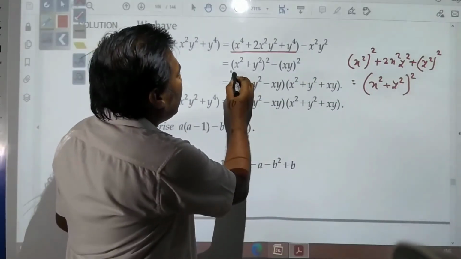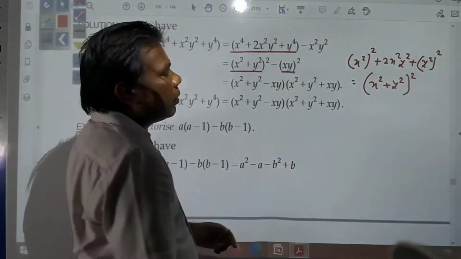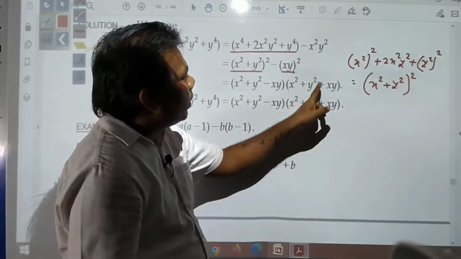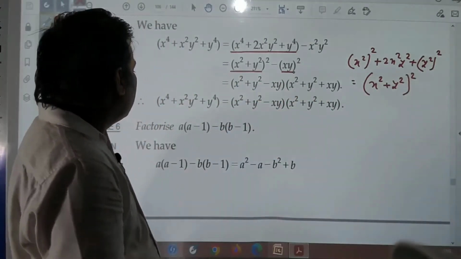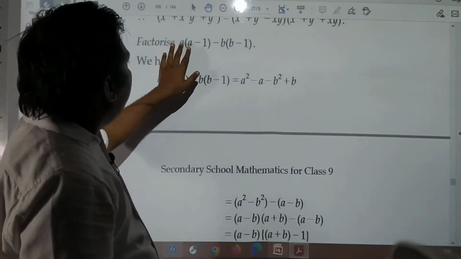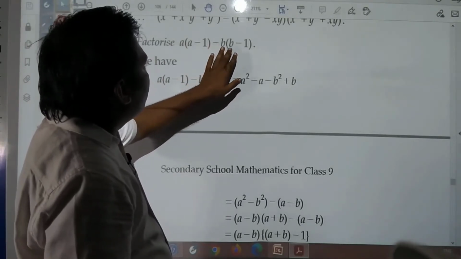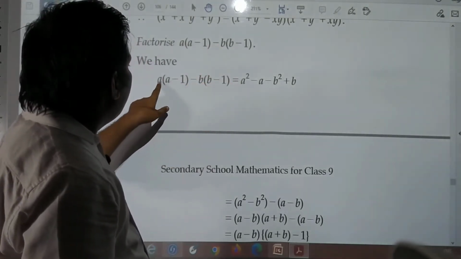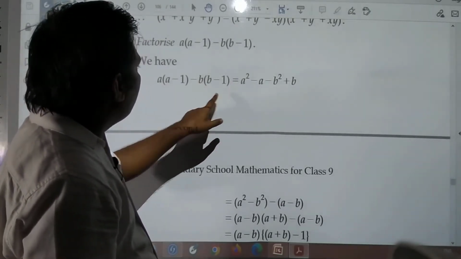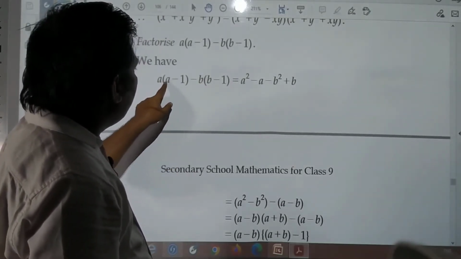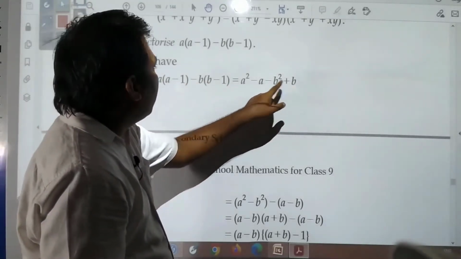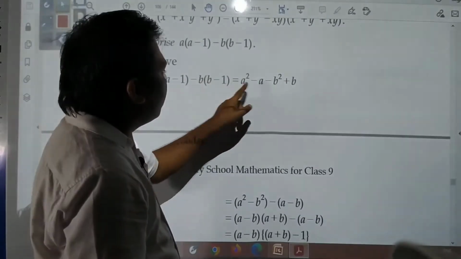Now this is in formula a² − b², which means (a − b)(a + b). So this has been written. Here you see a(a − 1) − b(b − 1), which will be equal to, when you multiply, a² − a − b² + b.